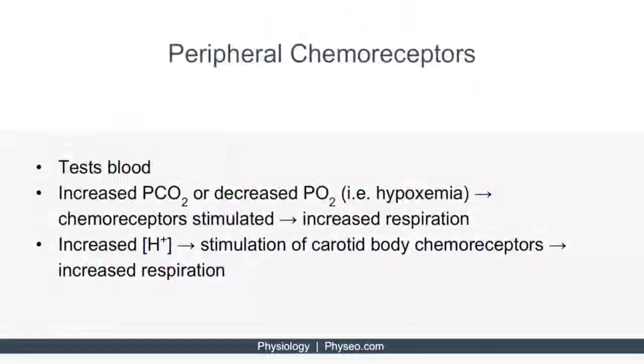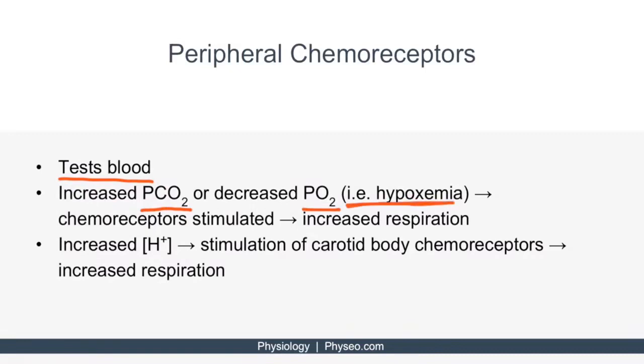Now let's talk about the peripheral chemoreceptors. Now the peripheral chemoreceptors actually test the blood, unlike the central chemoreceptors. And they are stimulated by increased partial pressure of carbon dioxide or decreased pressure of oxygen. In other words, hypoxemia stimulates the peripheral chemoreceptors.